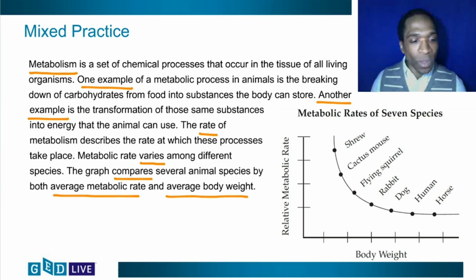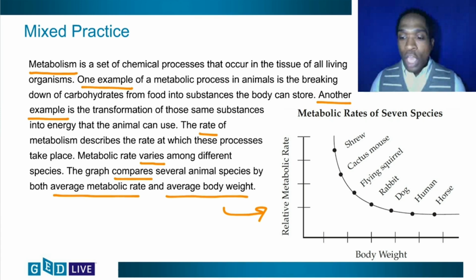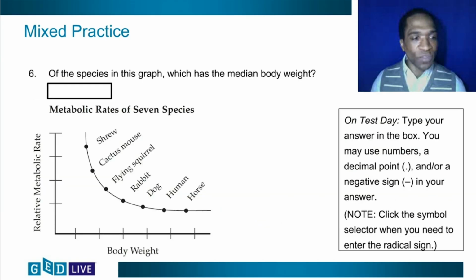So we know what's going on right over here in that graph. Okay, so now that we've talked through that, let's look at the questions. So first question for this information, here it is. Pause the video, take a few moments to read through this, restart the video, and we'll go to work.